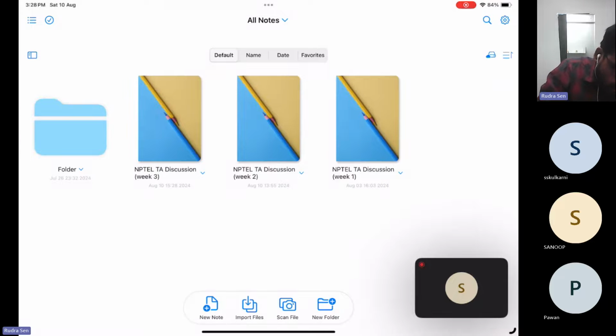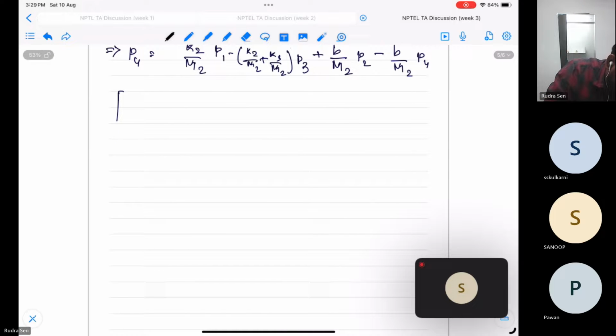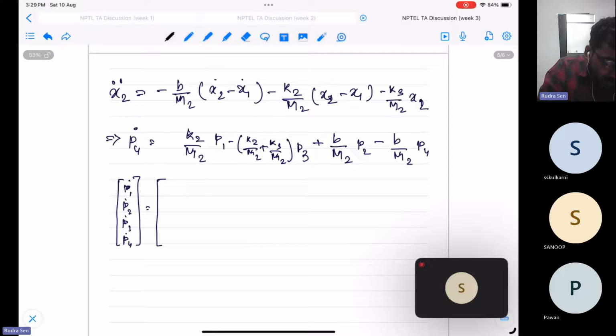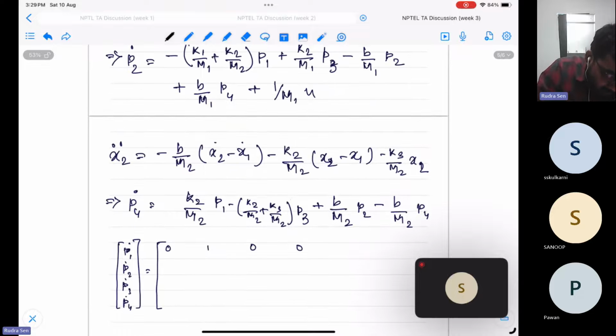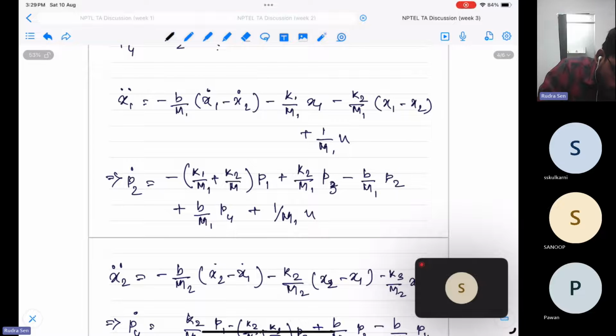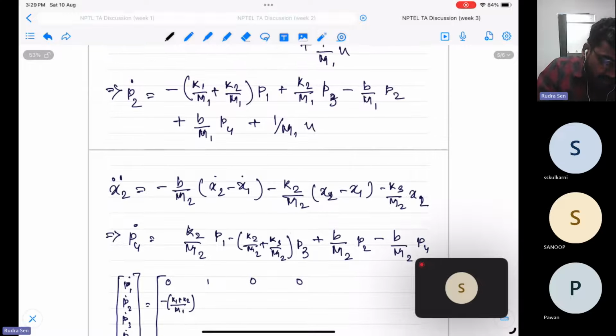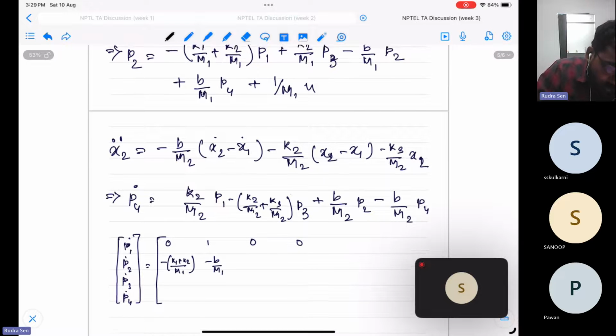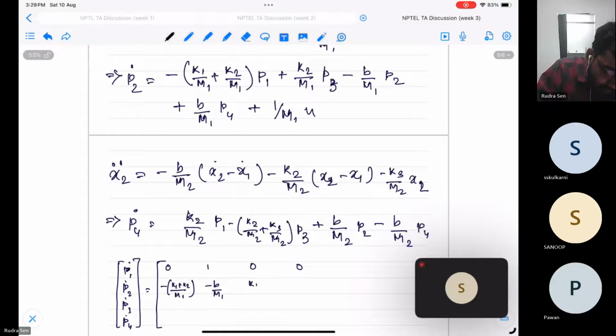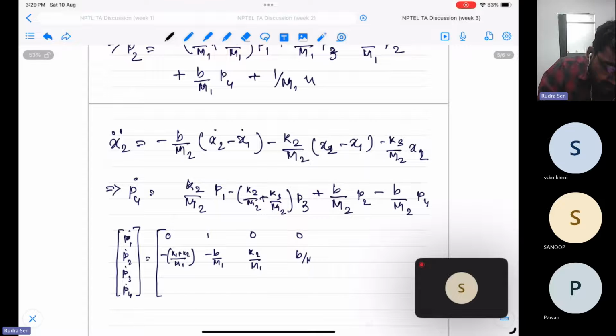So therefore, this p1 dot, p2 dot, p3 dot, and p4 dot will be equal to: p1 dot equals p2, that is 0, 1, 0, 0. p2 dot is equal to minus of (k1 plus k2) divided by m1, this is my mistake, this would be m1, then minus b by m1, k2 by m1, and b by m1, multiplying p1, p2, p3, p4.